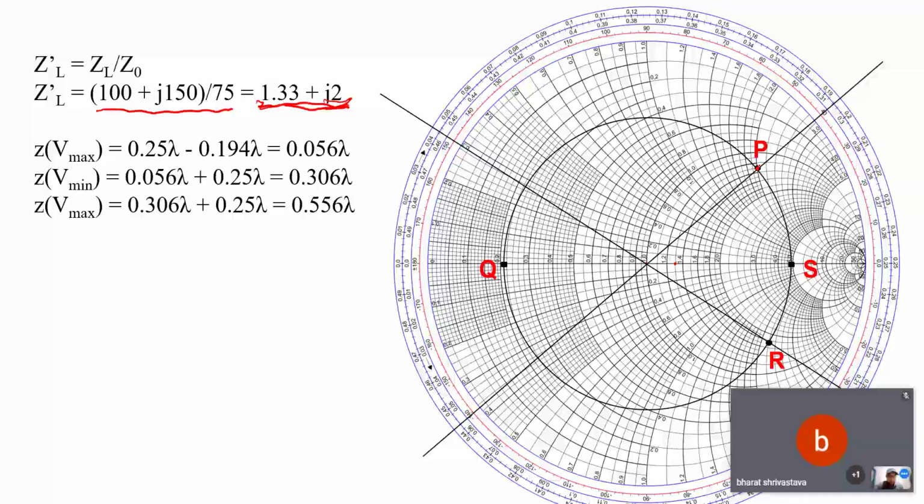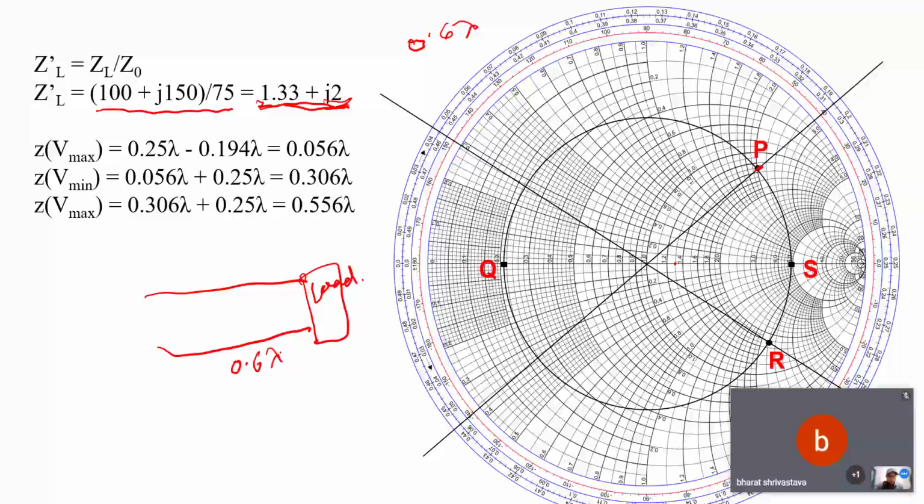As you all know, it is given in the question that the net length of this transmission line is 0.6 lambda. This represents the normalized impedance corresponding to the load. You have to basically move towards the source, because suppose this is the transmission line, this is my load, and the total length of this transmission line is 0.6 lambda.